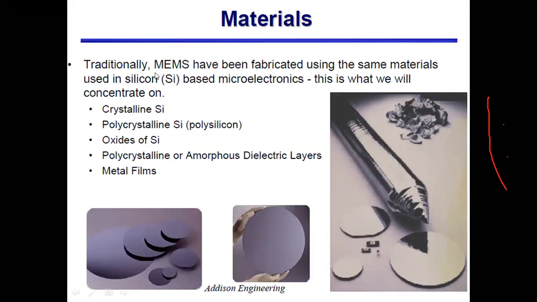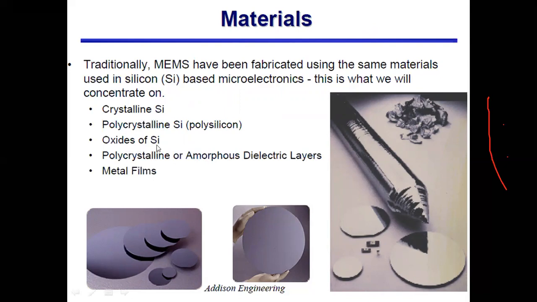Materials traditionally, MEMS have been fabricated using the same materials used in silicon-based microelectronics. This is what we will concentrate on. We have crystalline silicon, that is single crystal silicon, polycrystalline silicon, which is generally known as polysilicon.